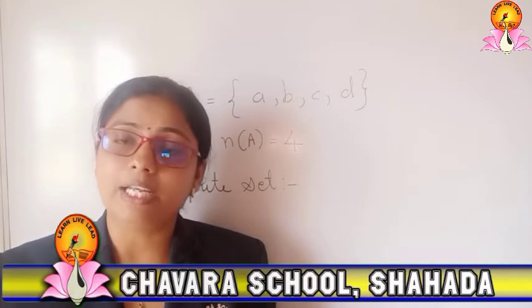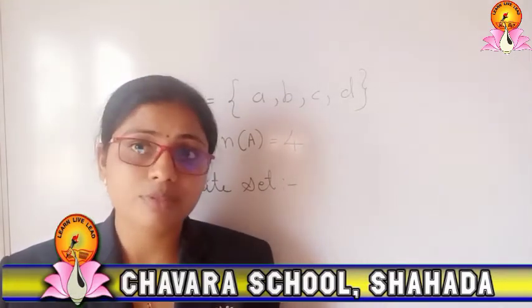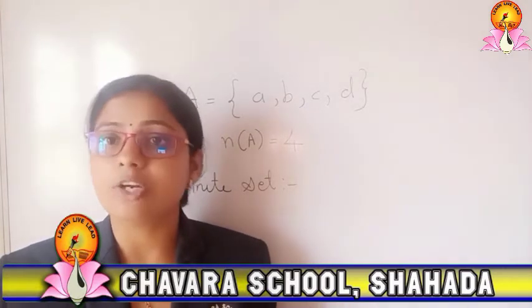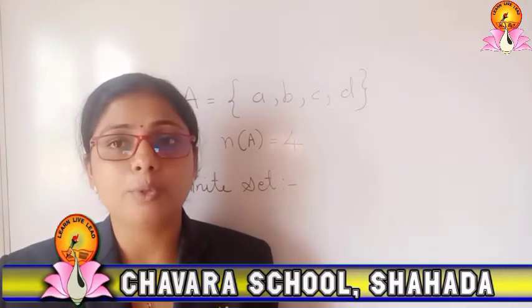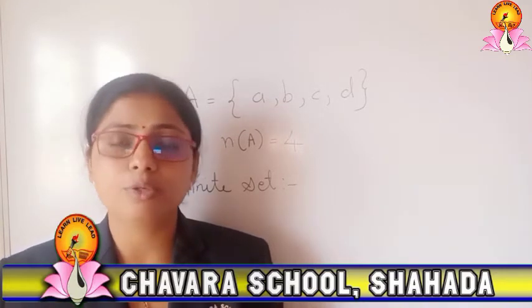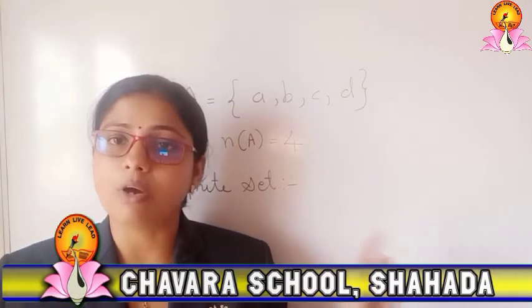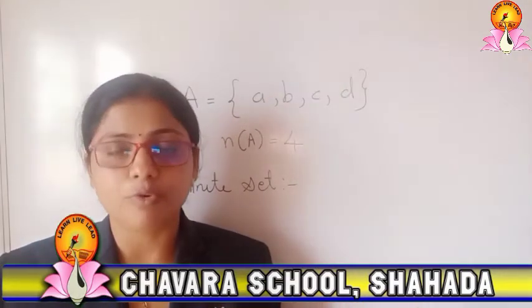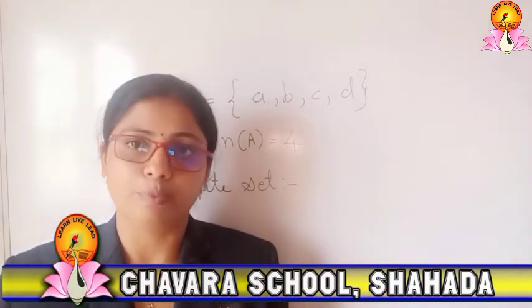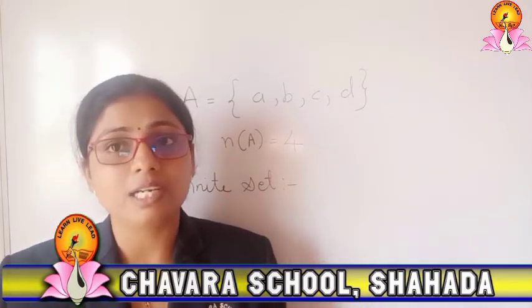If I tell you people living in Shahada, can you count? No, it is not possible. If I tell you the number of children in 8th D class, you can tell me, teacher, 54 students are there in 8th D class. So there are 54 elements, which means there is a limitation given to you. Or we can say the teachers present in Chavra school.